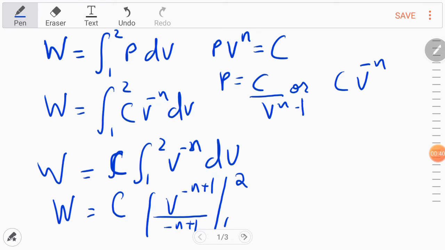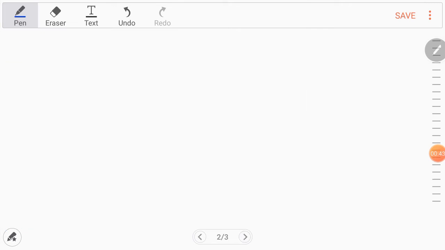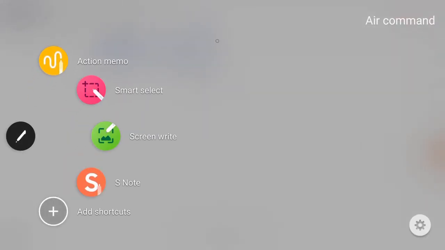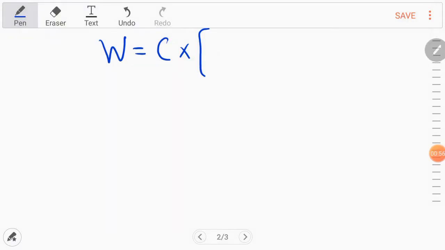So we move on to the next page. Now we get a simple equation of work done, that is C multiplied by V^(-n+1) over (-n+1), with limits 1 to 2.